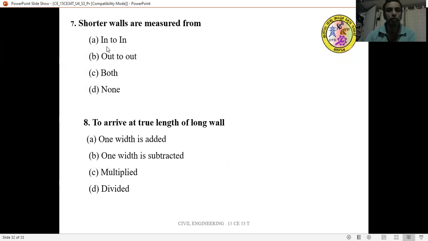Short walls are measured from A, in to in, B, out to out, C, both, D, none. Next, eighth question. To arrive at the true length of long wall, A, one width is added, B, one width is subtracted, C, multiplied, D, divided.